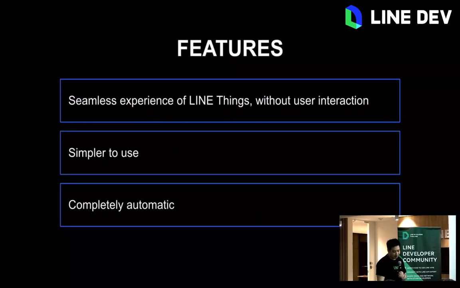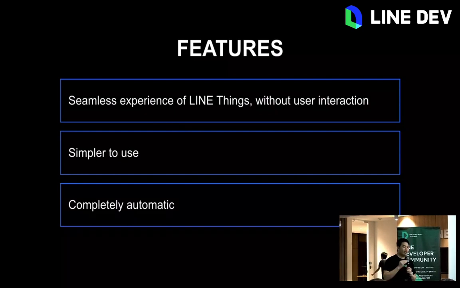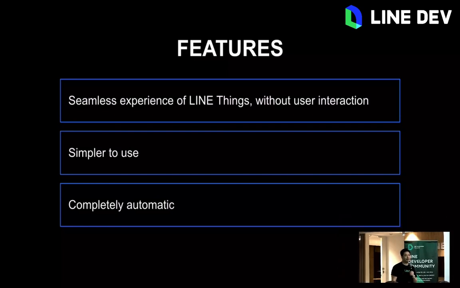With automated BLE communication, you will be able to provide a seamless experience of Line Things for your user without the user's interaction. It will make Line Things even simpler to use. In fact, all the connections will be done entirely automatically, and thus completing our entire platform of Line Things.